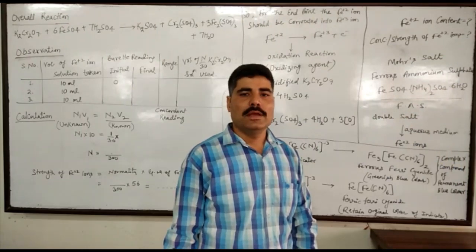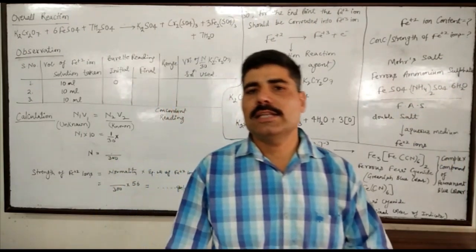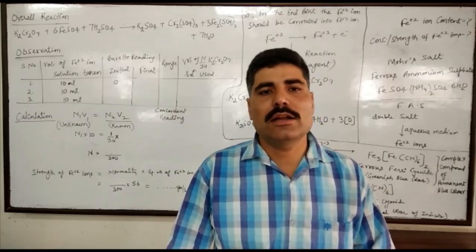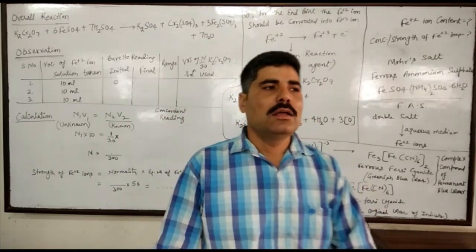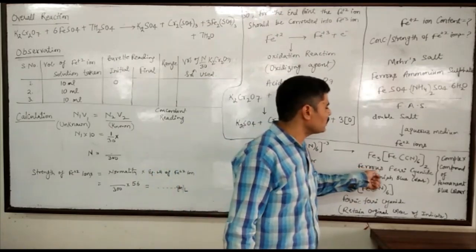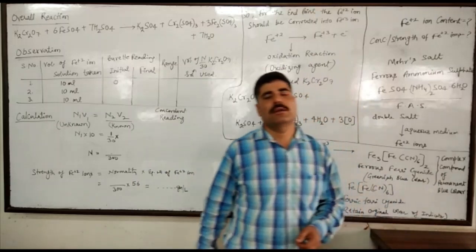Now in this titration we are using potassium ferricyanide as an external indicator. Why are we using this indicator as an external indicator? Because potassium ferricyanide, when reacted with the ferrous ion, forms the compound ferrous ferricyanide, which has a permanent blue color.